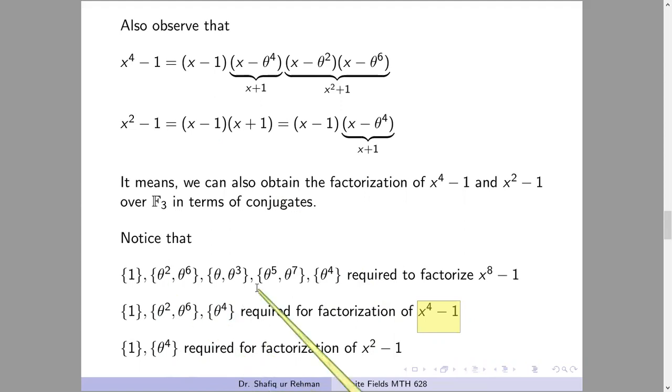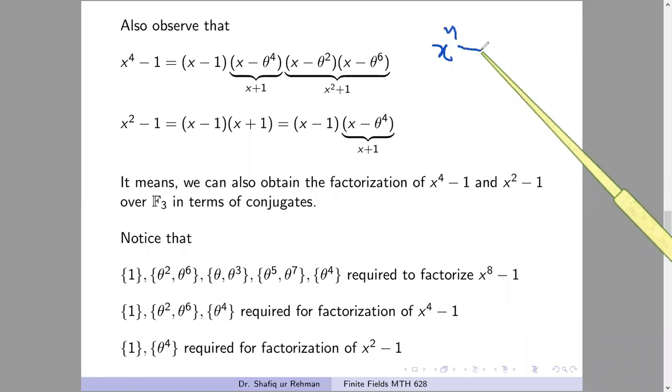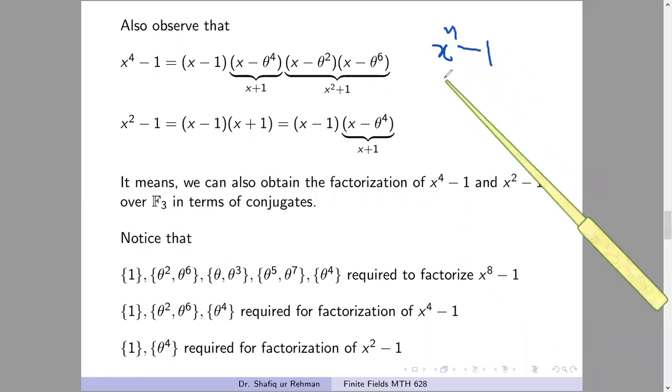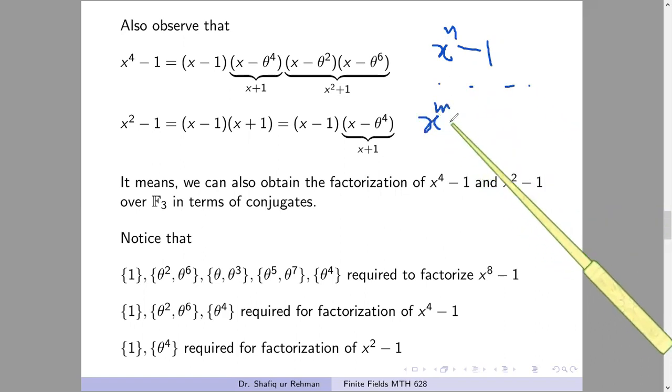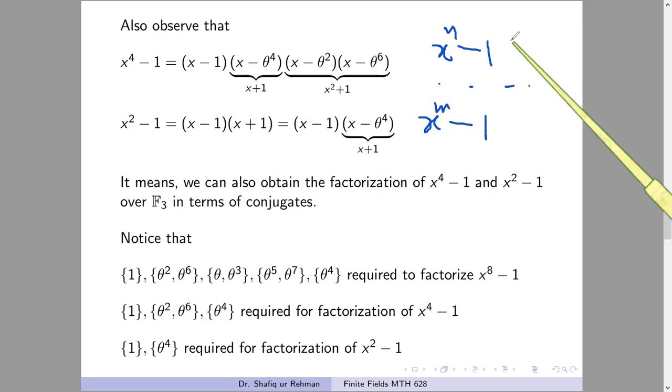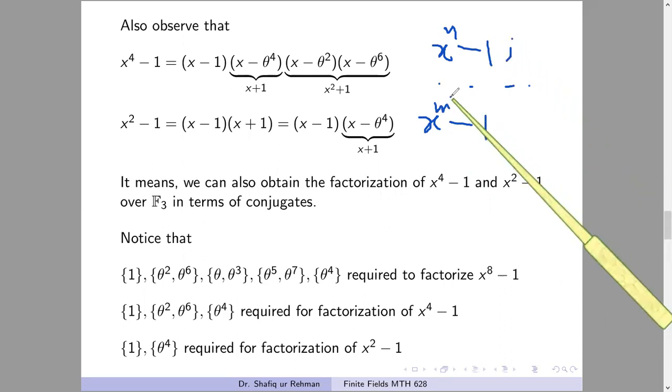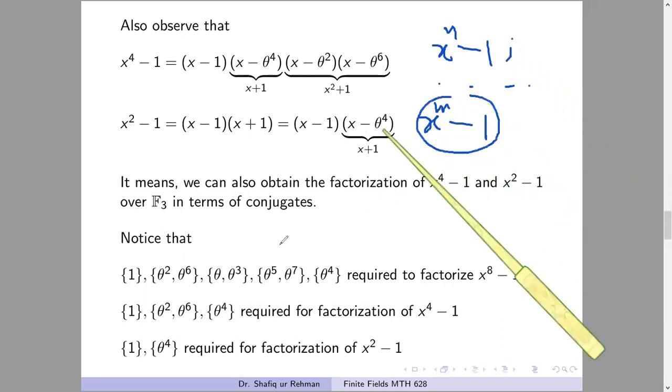For instance, in general, if we have some polynomial x power n minus 1, we have all the sets of conjugates, and then we want to factorize this polynomial. How can we obtain which sets of conjugates are required?